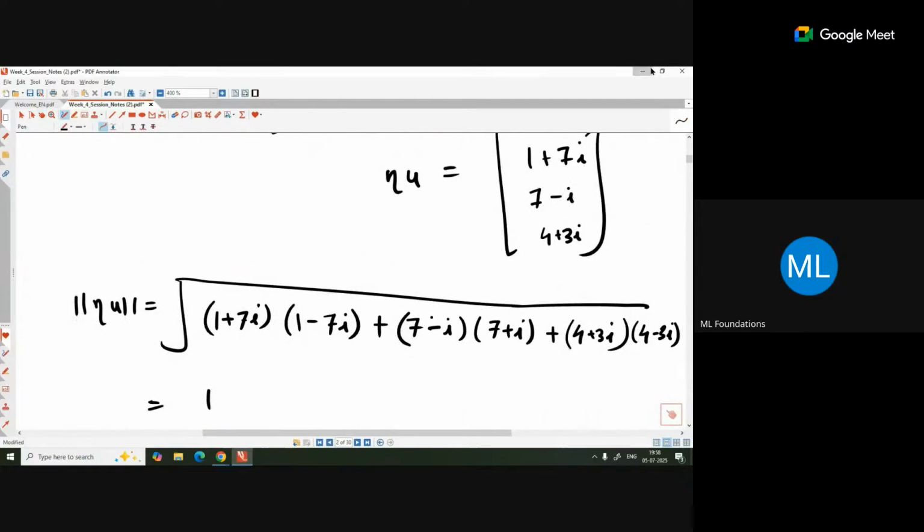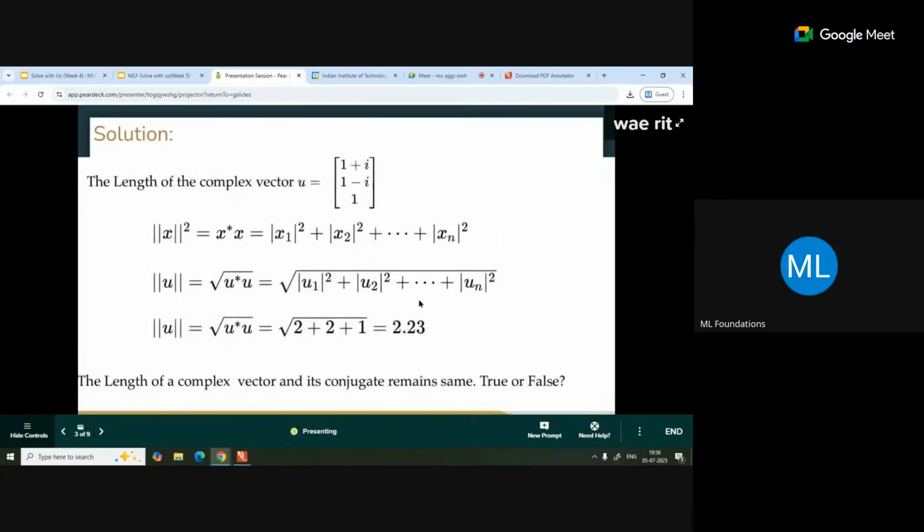If I show you, you can see the absolute thing right here, upward of u1. So basically it has been done like this. Otherwise it will not be correct.